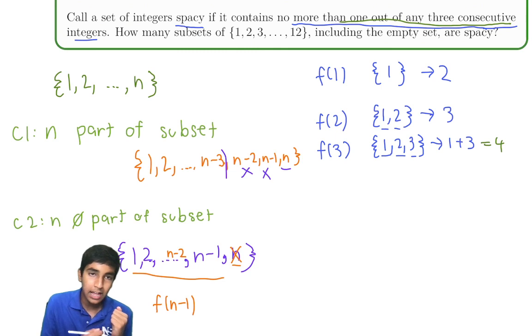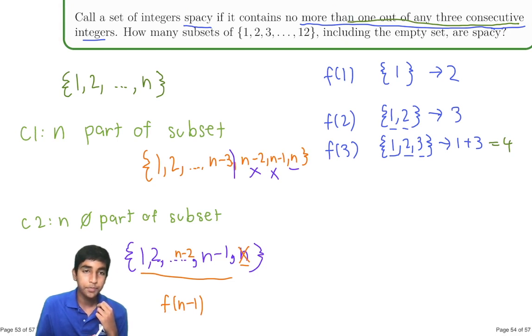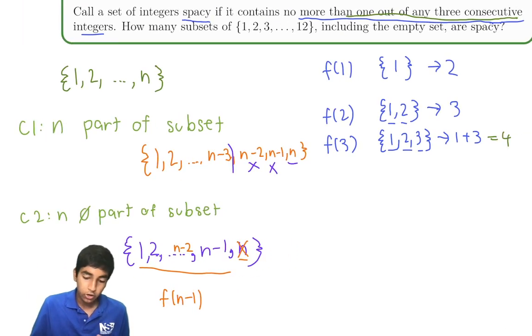The reason is that even if something like n minus 3 or n minus 4 were included as part of 3 consecutive integers, none of them are part of 3 consecutive integers near n.